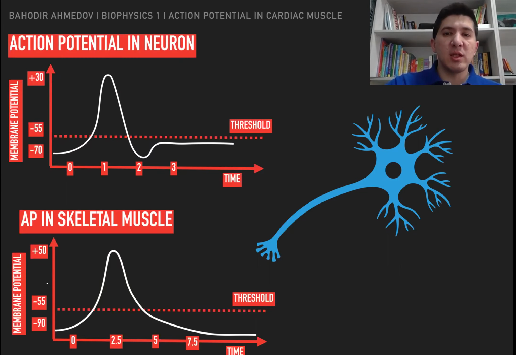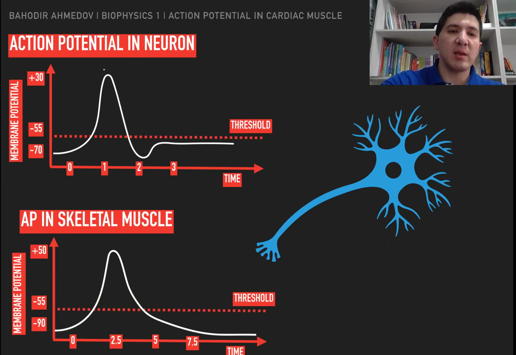So here are two images of the action potential in the neuron and the skeletal muscle. They might look very similar, and their principle is more or less the same. Basically, the membrane potential increases to some level and then decreases, right? Here the y-axis is the membrane potential in volts, and here is the time.